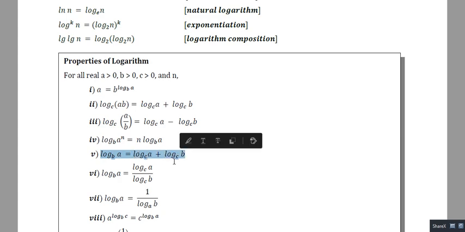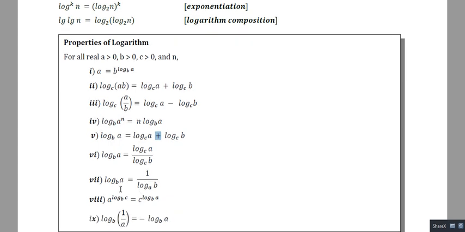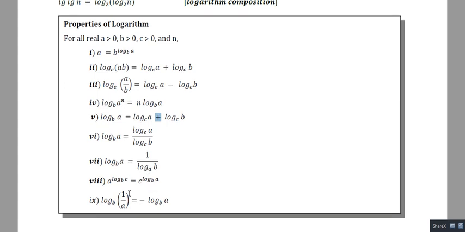I think here you have a printing mistake: log a base b is equal to log a base c into log b base c. So here it will have multiplication, right? So log a base b is equal to log a by log b, having a common base c. Log a base b is equal to 1 by log b base a. Similarly, you just go through these formulas.